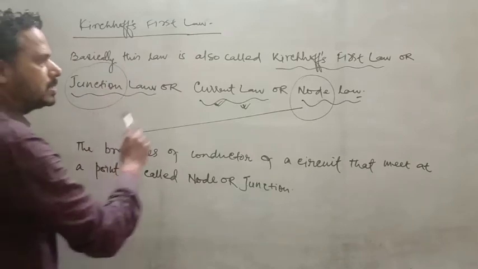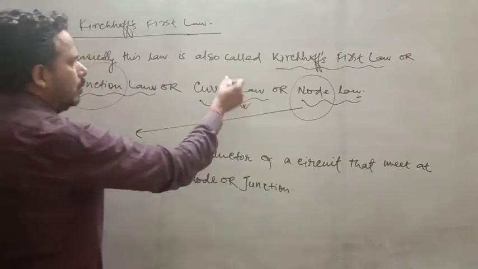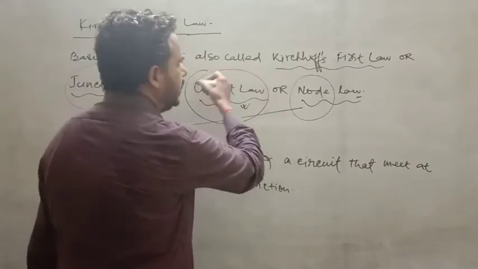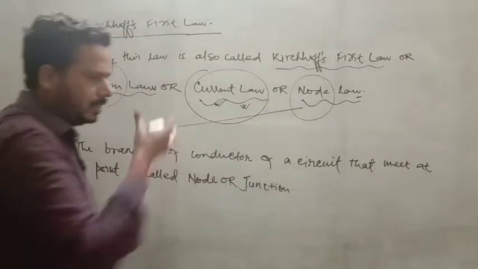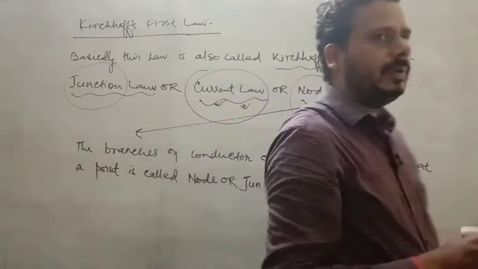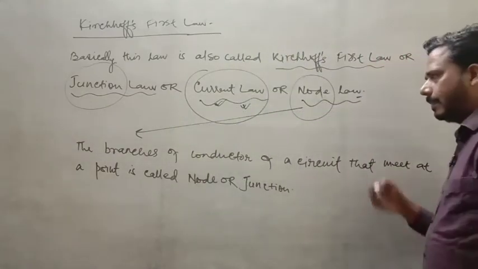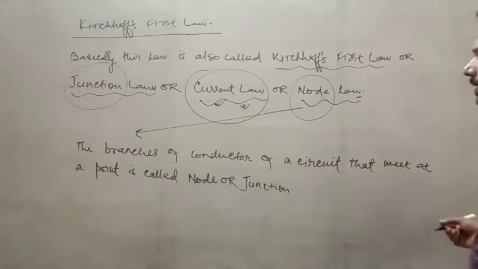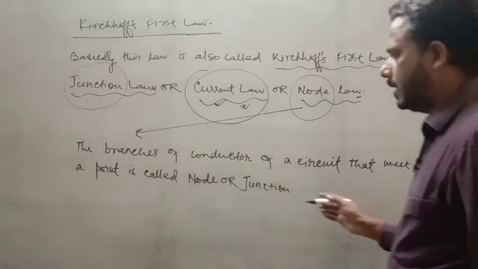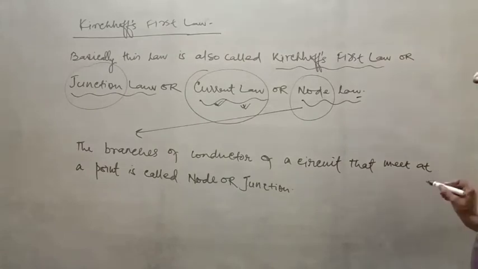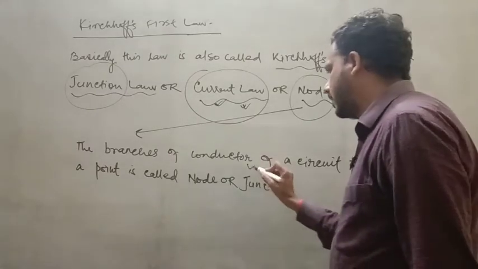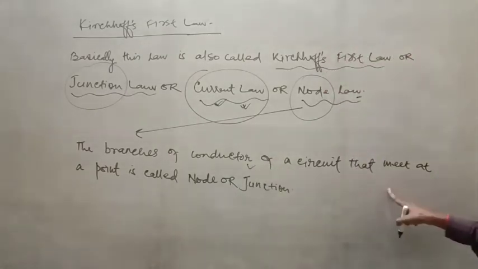So in this node or junction, we have to study current, and this is called the first law. We will see its definition later on, but see here that the branches of conductors of a circuit that meet at a point.